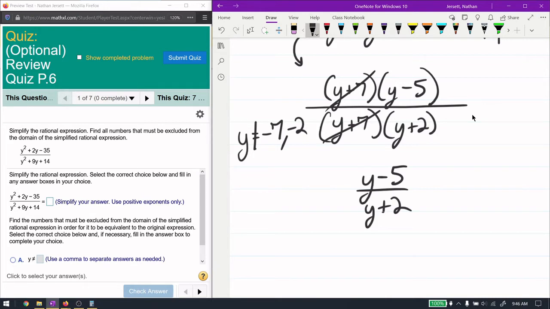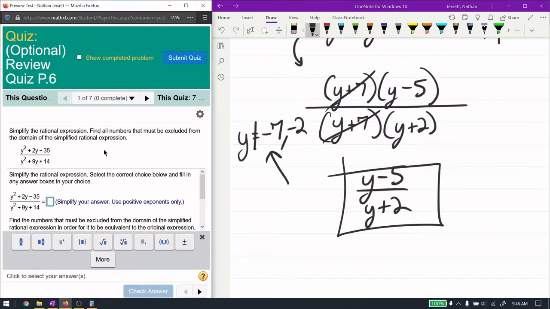We cannot cancel the y's. That's because the plus and minus tend to lock things into expressions. They can't really be separated from that. So this is the best we can do. And we also know that this is the case.